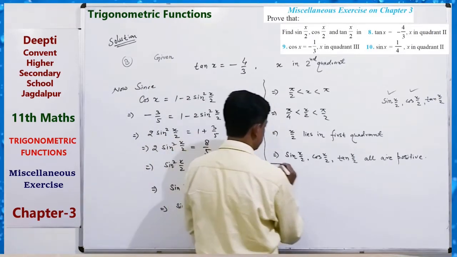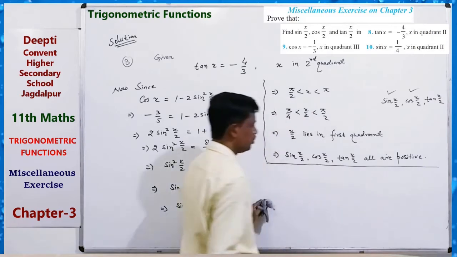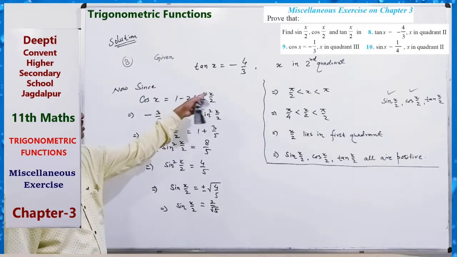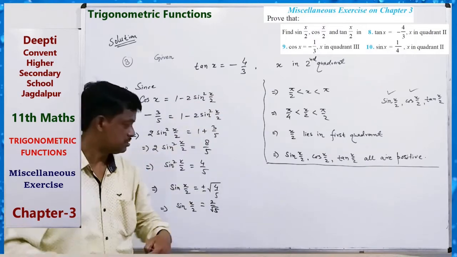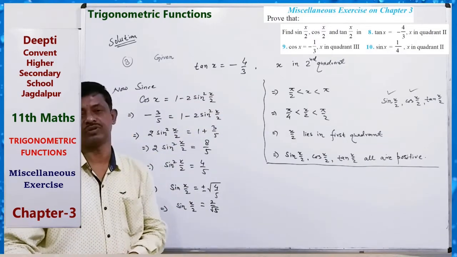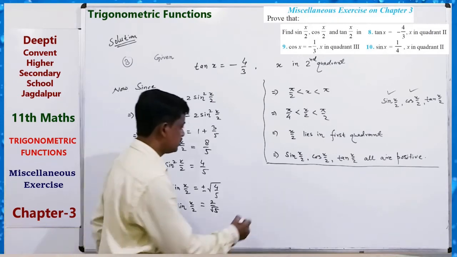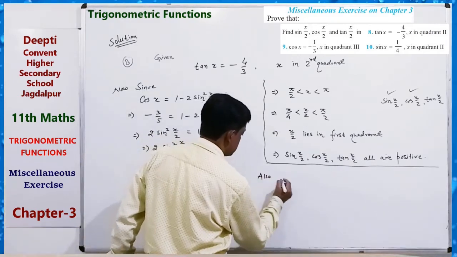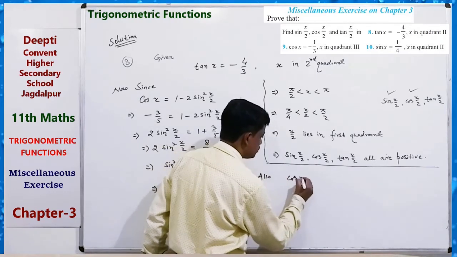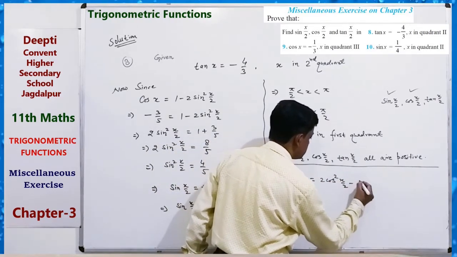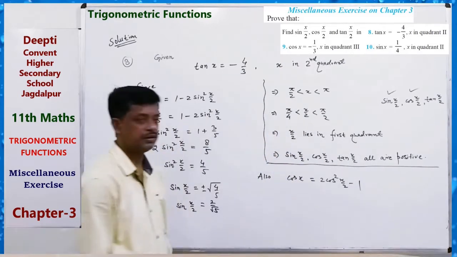Now for getting cos x by 2, we can take again this formula, 2 cos square x by 2 minus 1, or sin square x by 2 plus cos square x by 2 equals 1. You can use any of the formulas. Also cos x equals 2 cos square x by 2 minus 1. Clear?